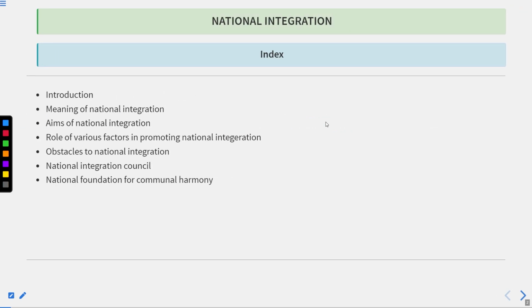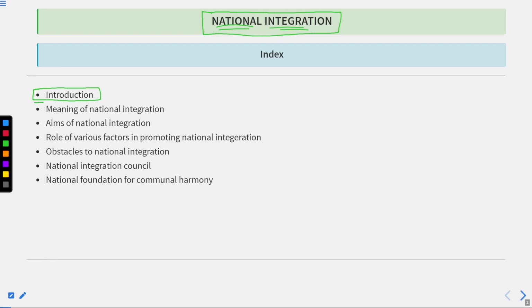So if we move forward in exploring national integration, these are the topics that we have scheduled for discussion. We are going to talk about the introduction of national integration. What do you mean by it? What is the purpose of this? And what other things could we cover here.